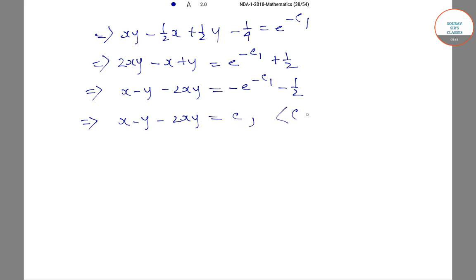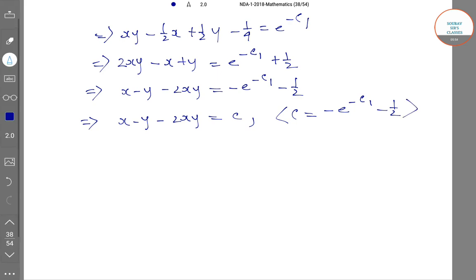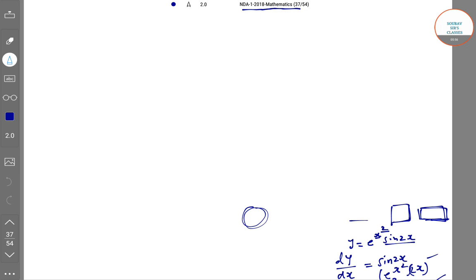How do we get it? Because we know c is basically equal to minus e to the power minus c1 minus half. So now if you simply go back to the question again, we find option A is the right answer.